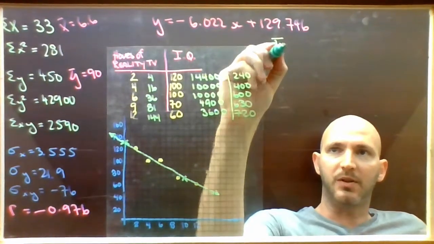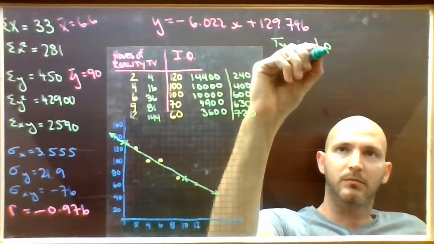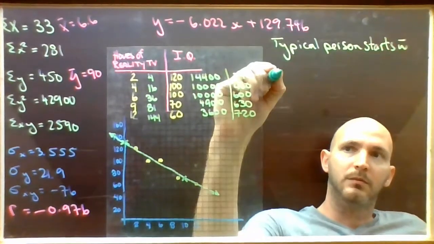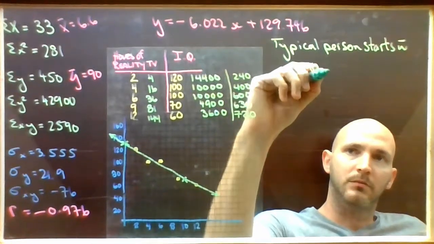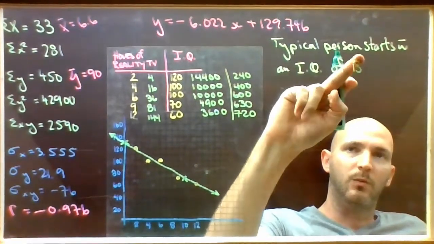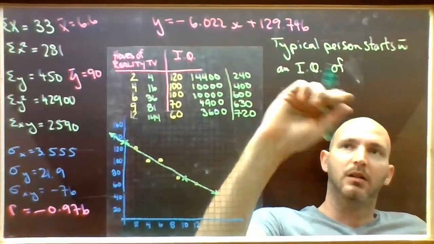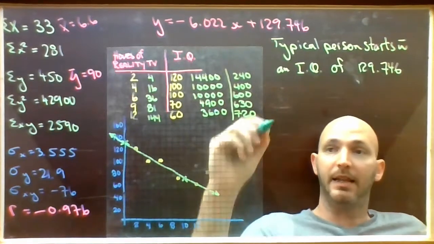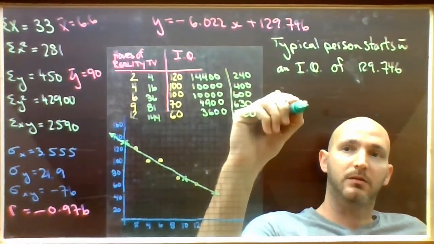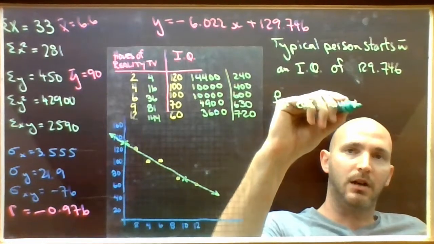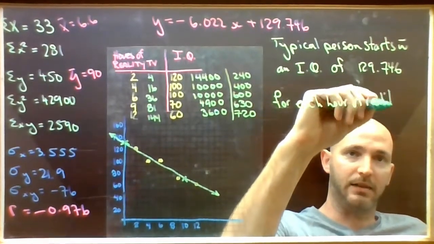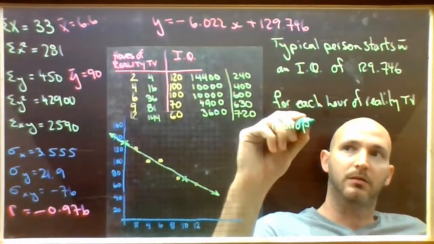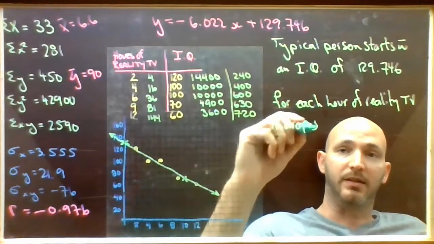So typical person starts, let's be more precise, of 129.746. And then for each hour of reality TV in a day, it drops 6.022 points.